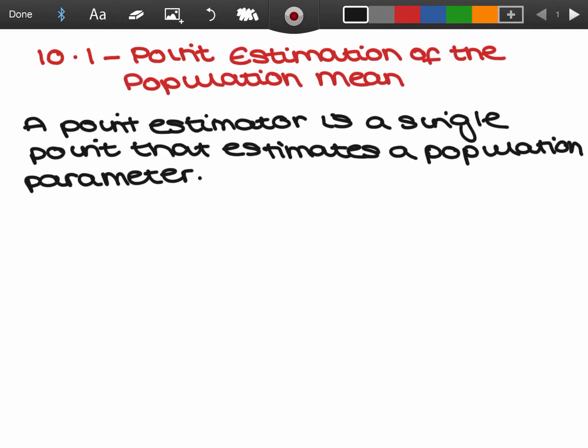Okay, the population parameter that we tend to look at through these two sections is the population mean, okay? So we want a way that we can estimate the population mean by using a single point.